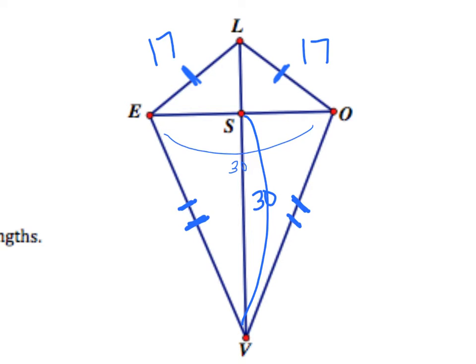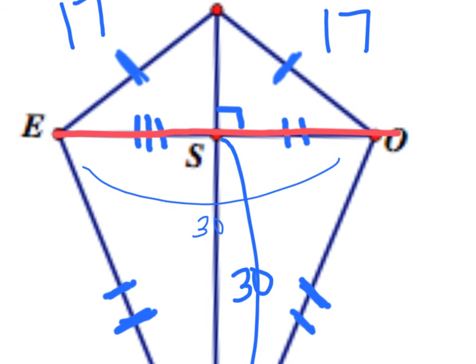Hopefully you found that the diagonals are perpendicular and one bisects the other. So the longer one, in this case LV, will bisect the shorter one, EO, so that this is equal to this. So knowing that EO is 30, each half of these is going to be 15.